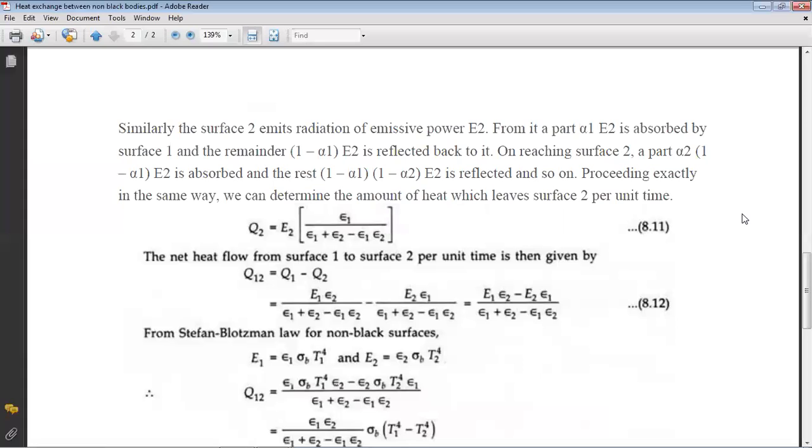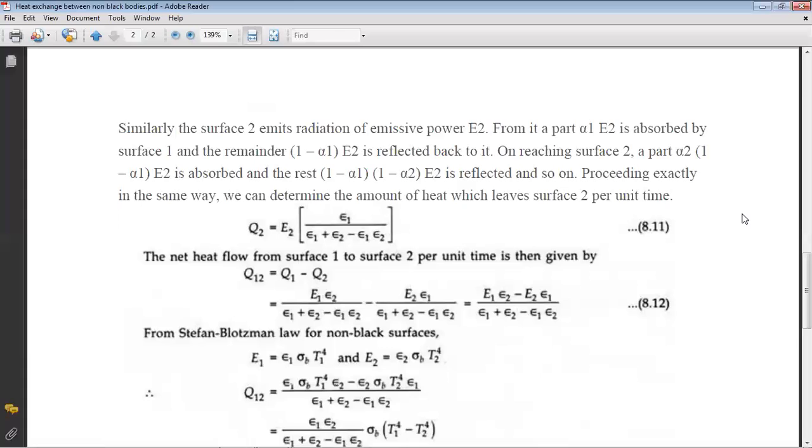Now, the net heat flow from surface 1 to 2 in a unit time is nothing but Q1 on 2 is equals to the difference between Q1 and Q2, which is given by E1 into emissivity of the second surface divided by epsilon 1 plus epsilon 2 minus epsilon 1 into epsilon 2, minus of E2 emissivity of the first surface divided by epsilon 1 plus epsilon 2 minus epsilon 1 into epsilon 2.